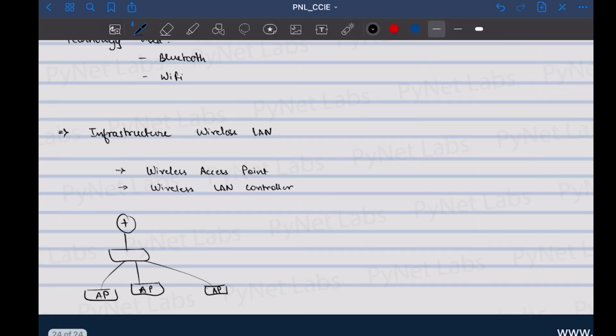Then when we utilize a setup like this, we use a WLC as well with a certain type of access point. We'll be speaking about what exact type of access points require WLC, but we use it.